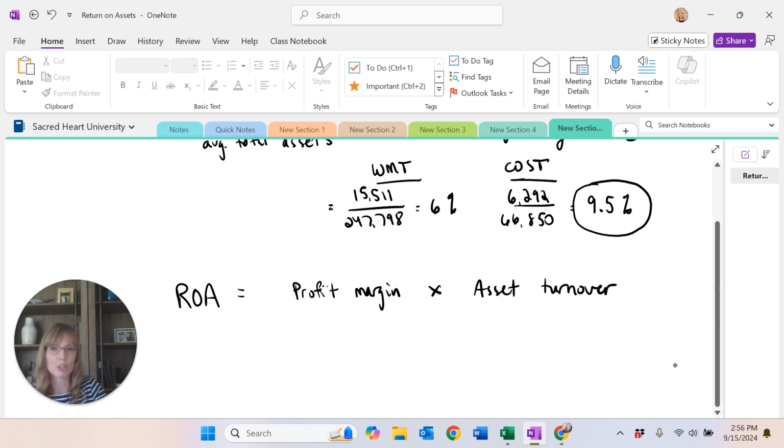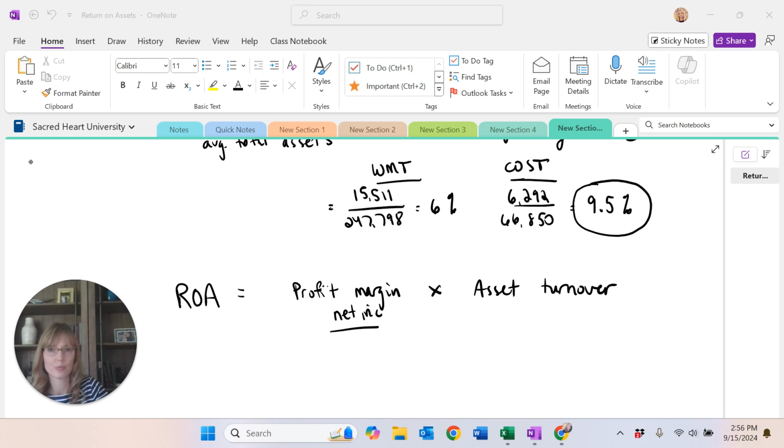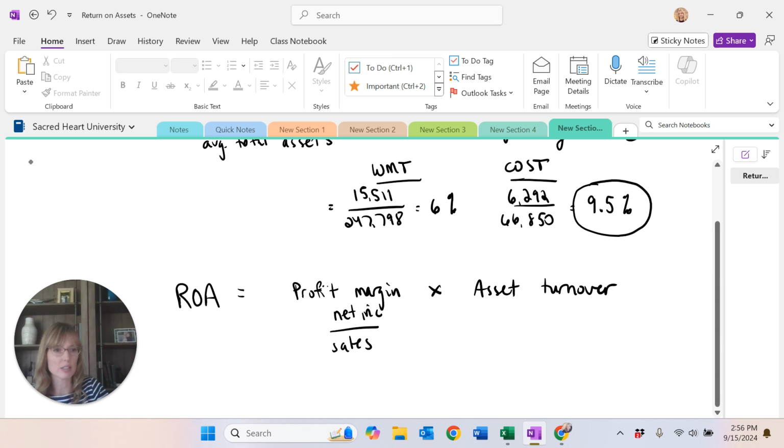How well are you able to control your expenses? Of course, when I write sales, I really mean net sales, sales after all returns allowances. Sales divided by average total assets.